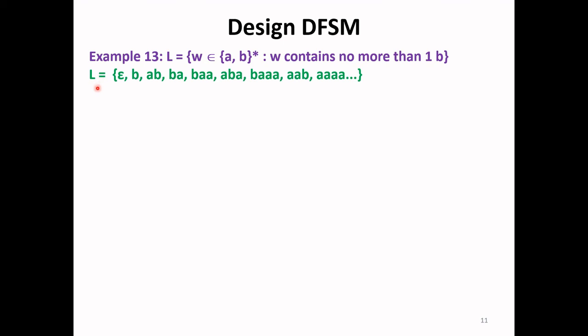So the possible strings in this language are epsilon, a single B, 1A and 1B at any position, 2 A's, 1 B, 3 A's, 1 B, any number of A's, etc.